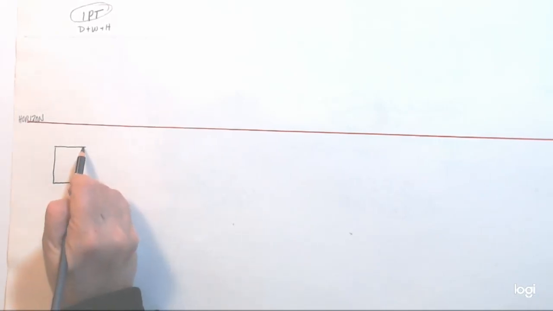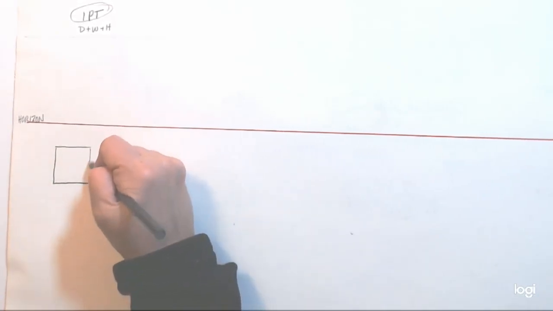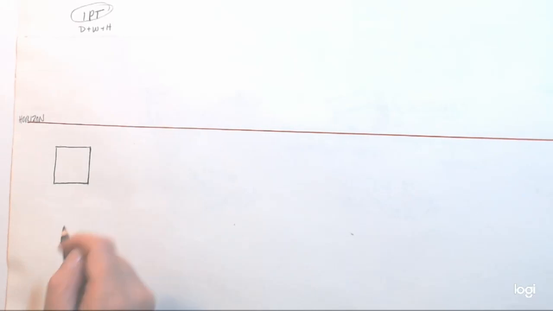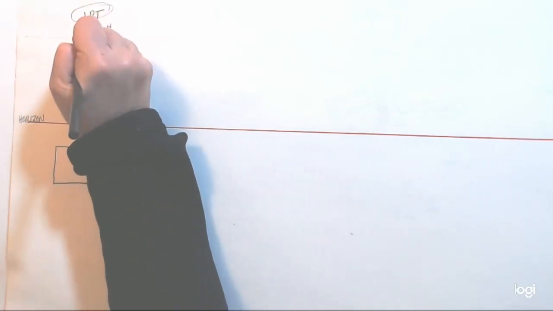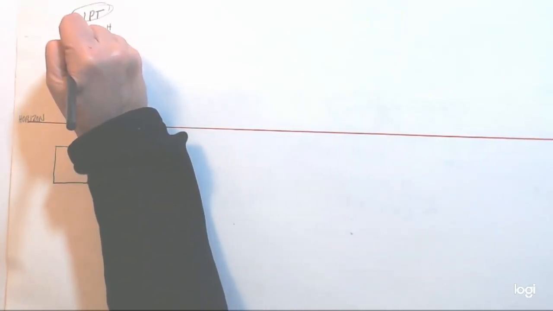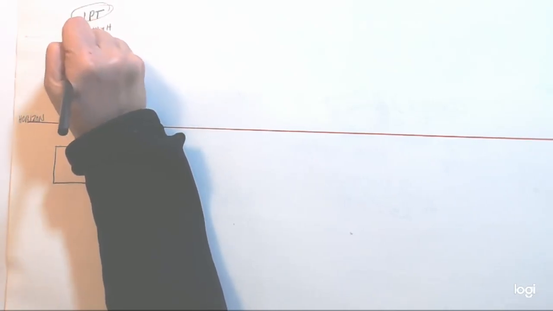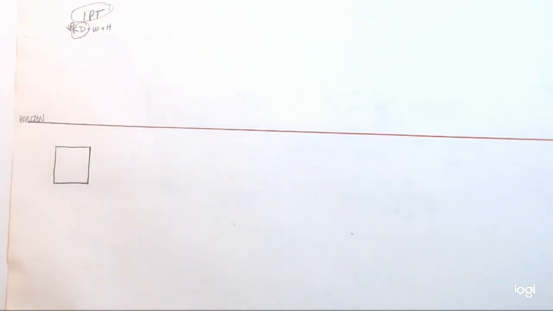Same for the top and the other side. They're parallel with the page, either straight up and down or straight across, in this case of a cube. Now, my depth is going to go back to a vanishing point. Only the depth is going to go to a vanishing point.